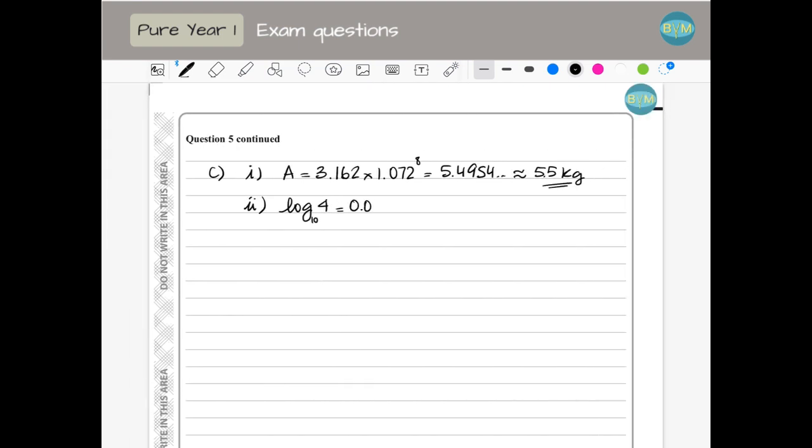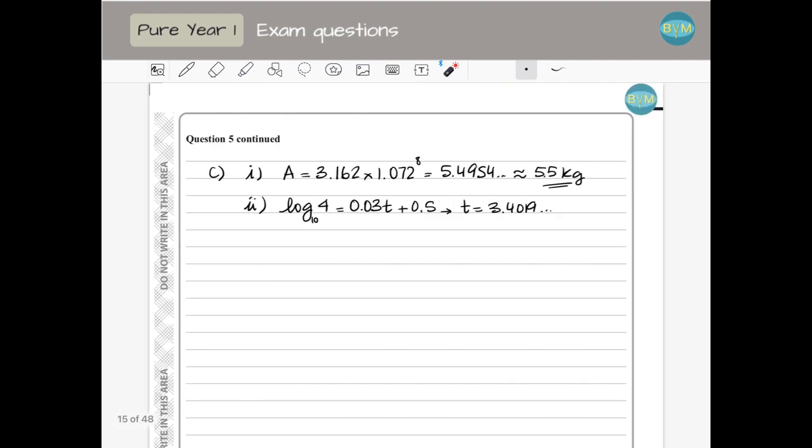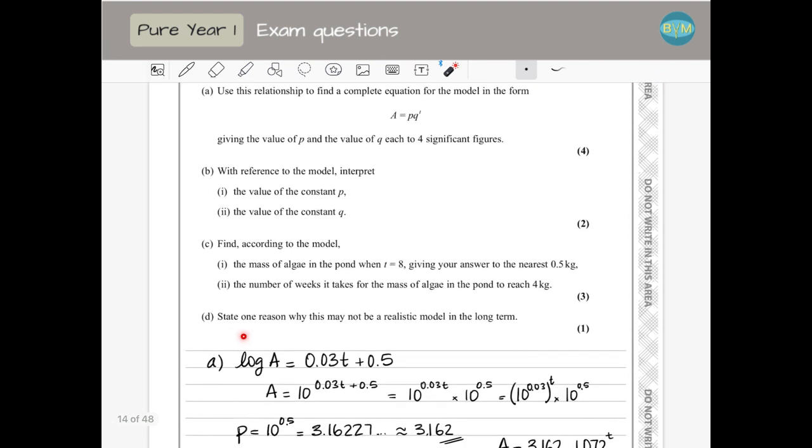From here, t is 3.4019. They don't tell me what to round to, they say number of weeks, so I'm going to round to 1 decimal place, for example. So 3.4 weeks.